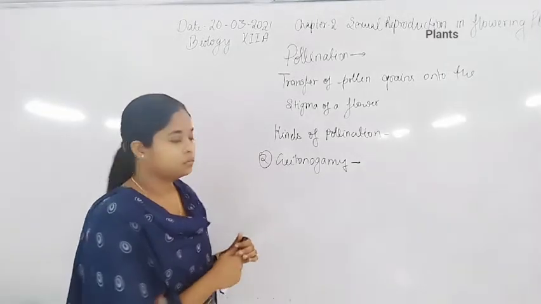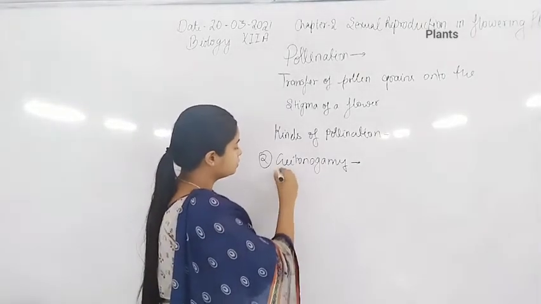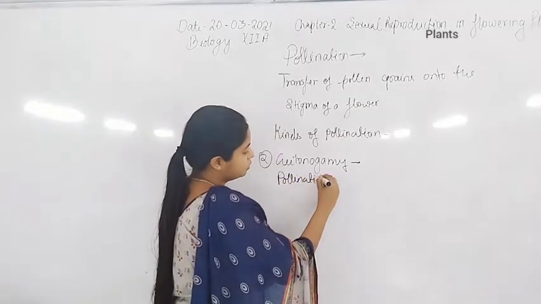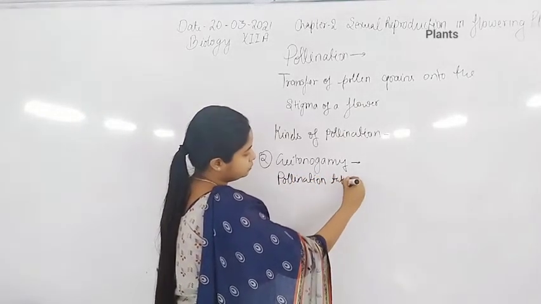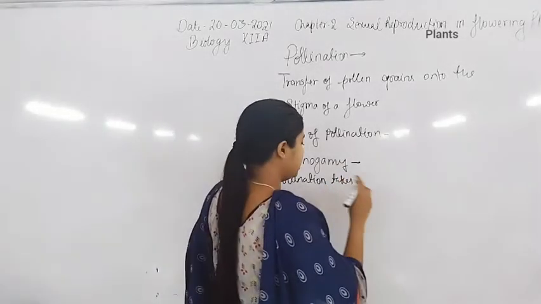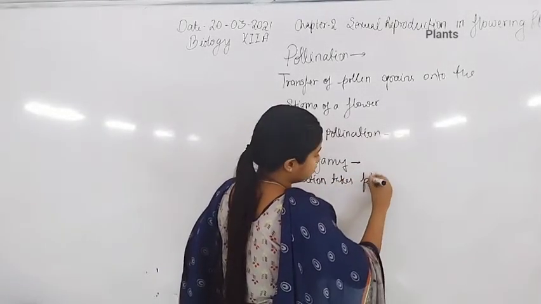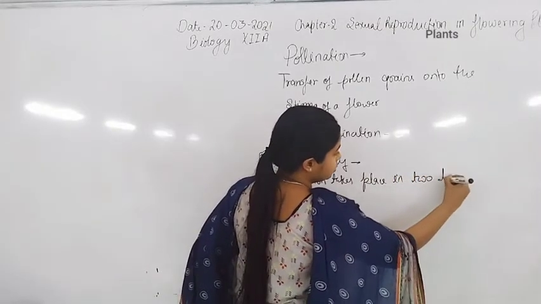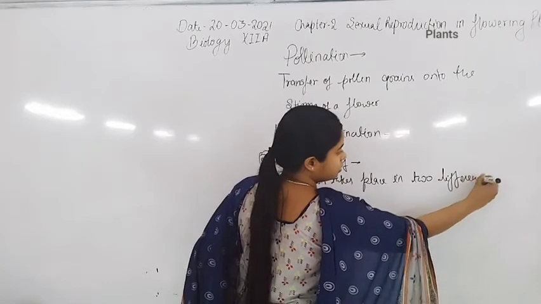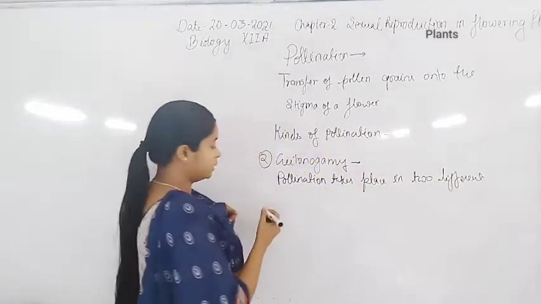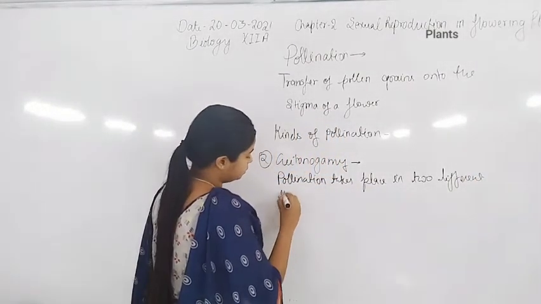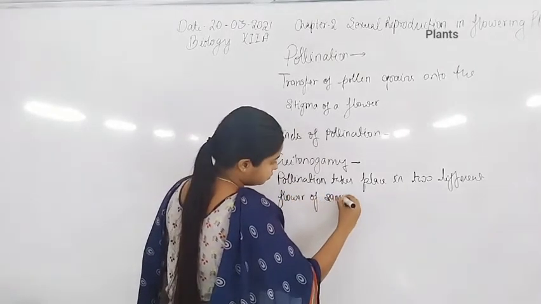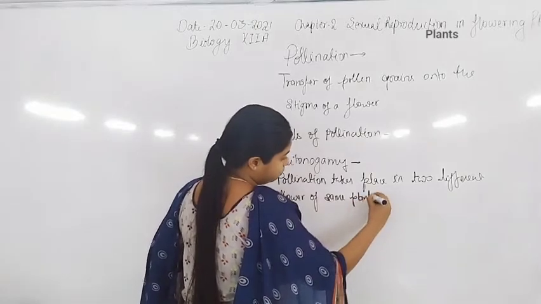So the pollination takes place in two different flowers of the same plant.